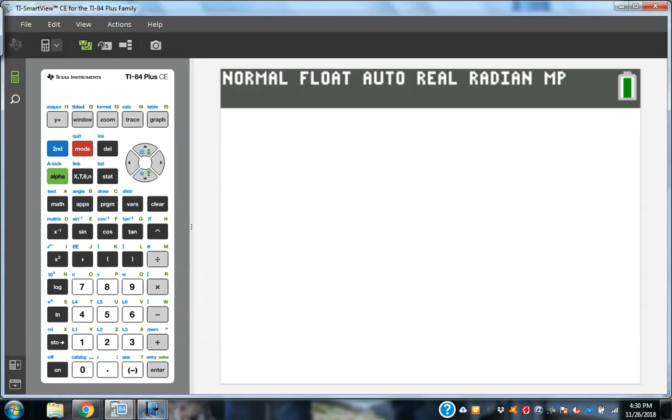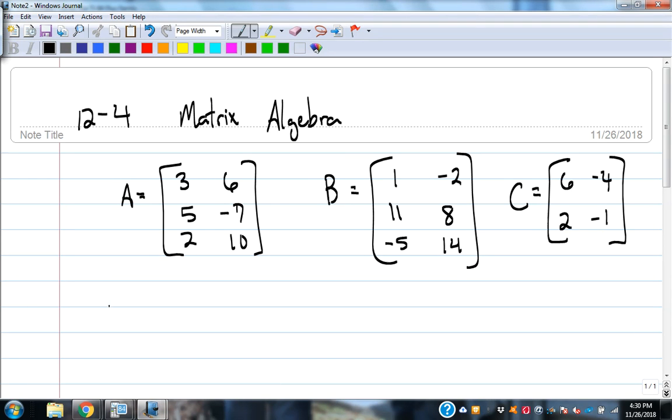So you put those in there, and then they would give you a problem that might look like this. They might say A plus B. And generally with addition and subtraction, I don't do them with the calculator. I'm going to show you how to do it with the calculator, but I generally just do the math, because addition and subtraction of matrices is super easy. It's just adding up matching places or subtracting matching places.